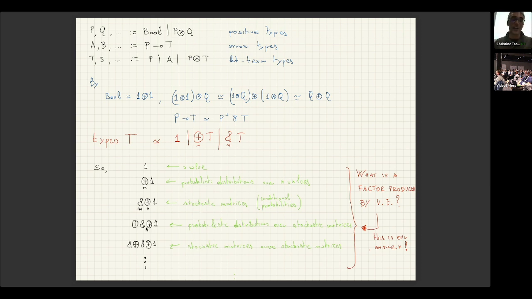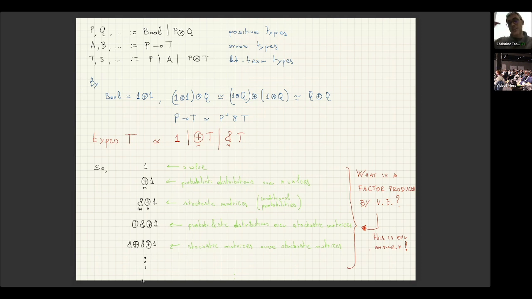One minute, and then I'll stop. Until here we have something that is well known. Stochastic matrices are well known, but then what you get by running the variable elimination algorithm, you can have probabilistic distributions of stochastic matrices of stochastic matrices, and so on and so forth.